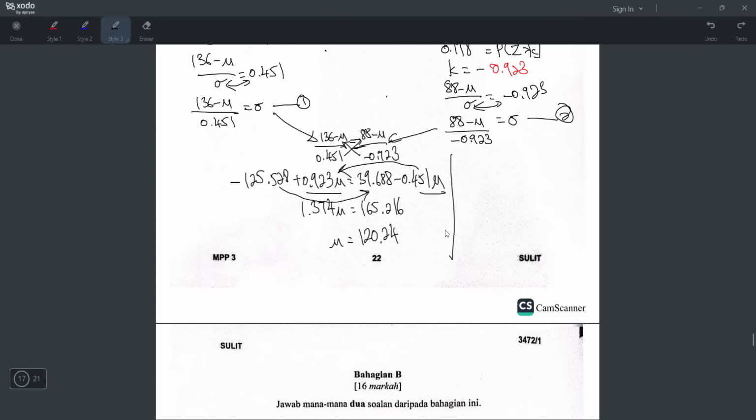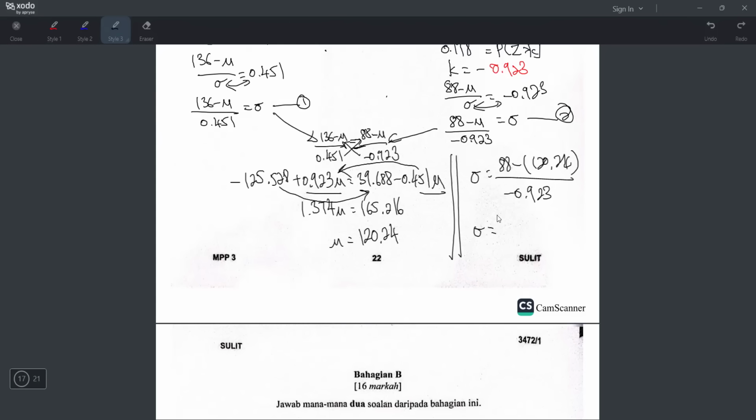The only thing left is the standard deviation. Let's sub inside this one lah. If you want to sub to the other one also can, but I want to sub this one. So standard deviation equals what? 88 minus mean, bracket, over negative 0.923. And your mean is 120.24. Okay, let the calculator do its job. Let's go. 88 minus 120.24. Or you can use the answer button also can.